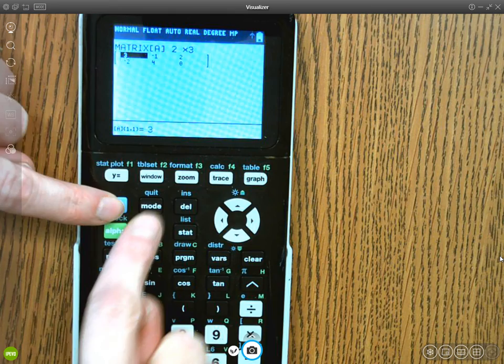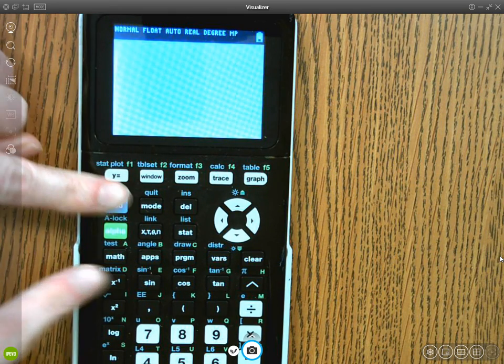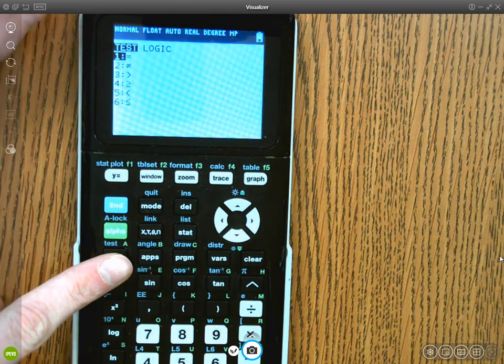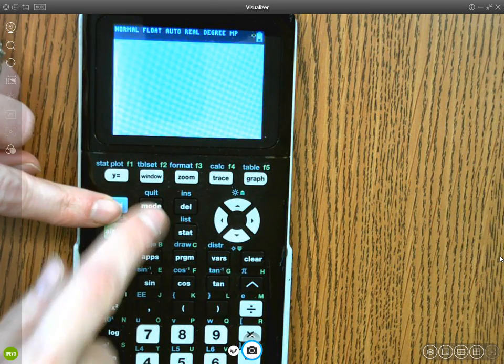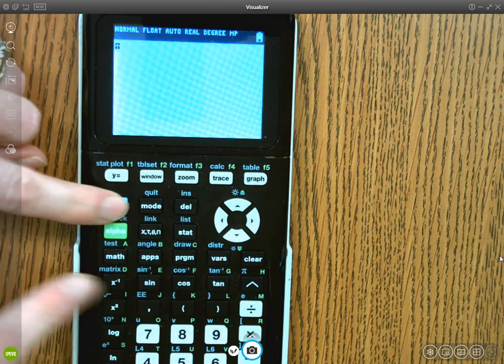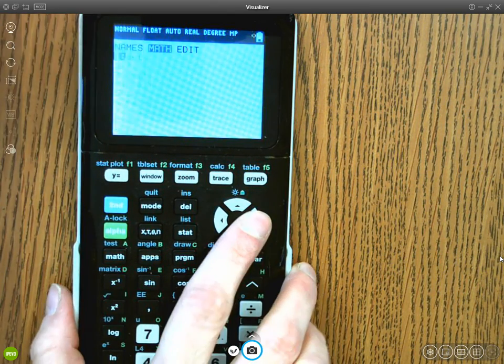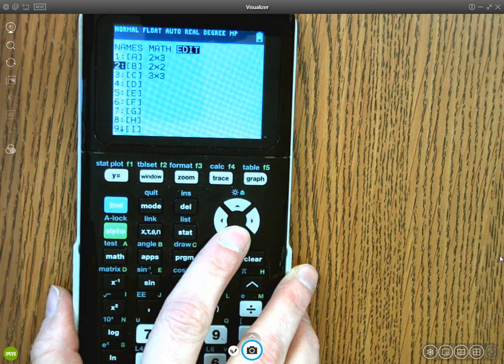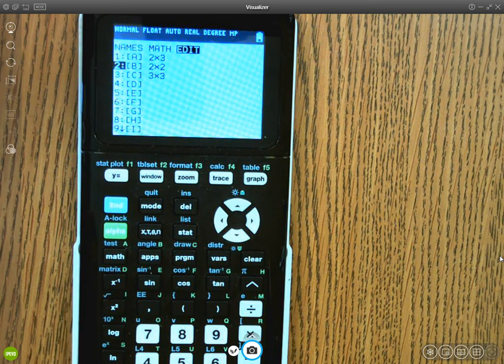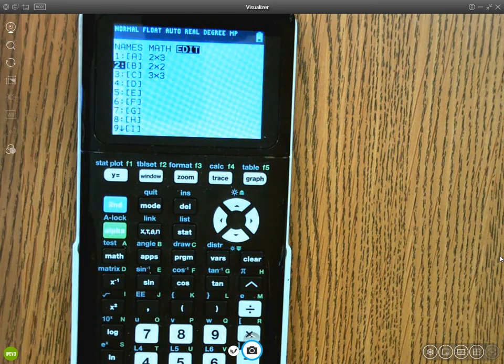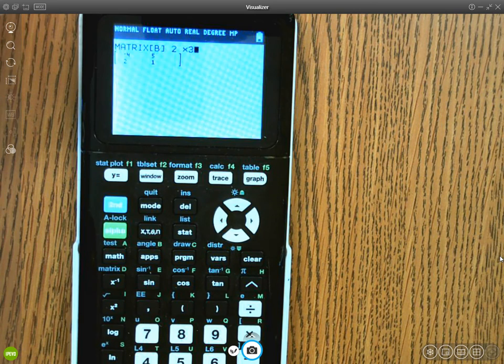So then you have to do second quit and go back through that whole process. Sometimes you could just multiply faster than you can do this. I hit the wrong button. Alright, and then you get back over to edit and then down to matrix B. You have to go over and then down because otherwise it messes it up. This one is a 3 by 2.